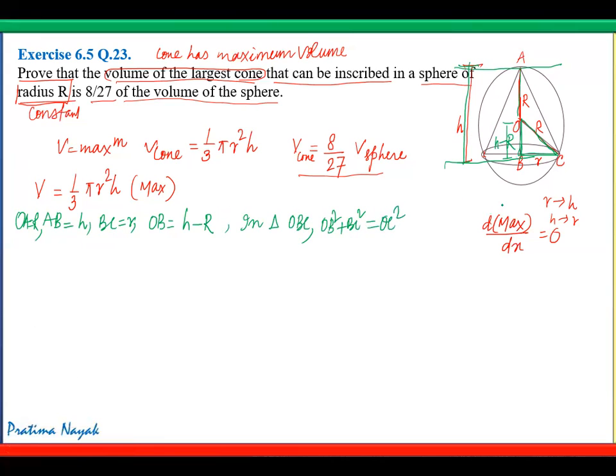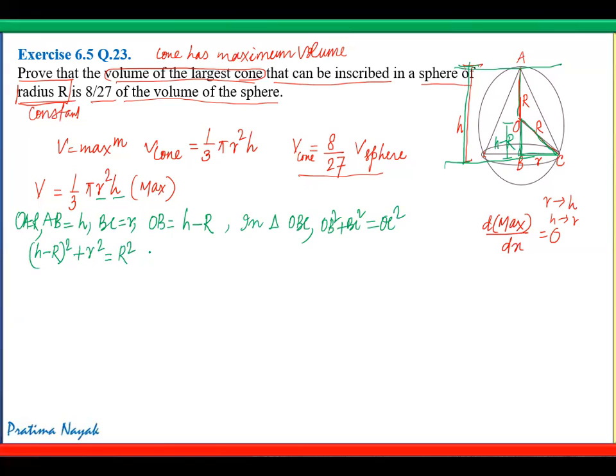Why am I doing all these things? I am making a relation between R and H so that I can differentiate and set it to 0. So OB square is equal to (H minus R) whole square plus BC square, which is small r square, is equal to capital R square.